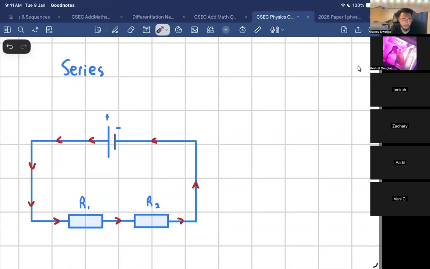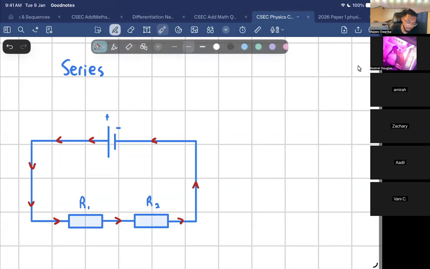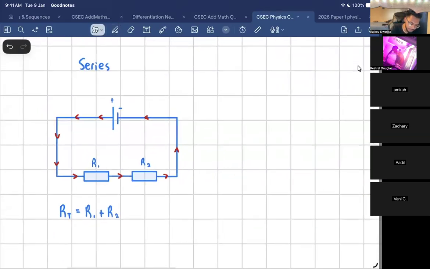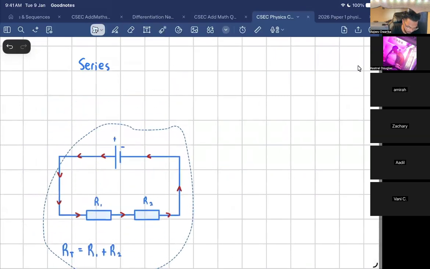No, sir. So this is a series circuit, and a series circuit is very easy. If you want to find the combined resistance, I would just have to add the resistances. So I would say R1 plus R2. That's all. Real simple.